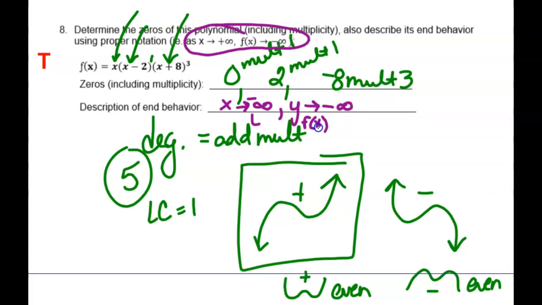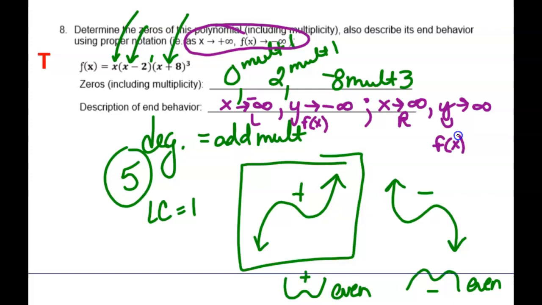Either one is fine, f of x or y. I won't count that wrong. Then the other side is to the right, which is x goes to the right, positive. And on the right, it is going up. So you say y is going towards infinity, or f of x.